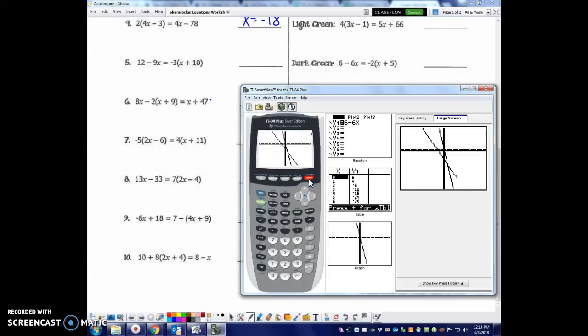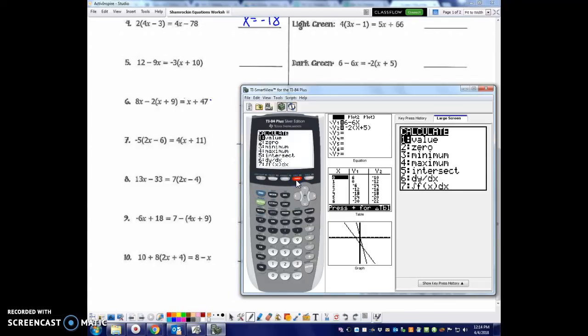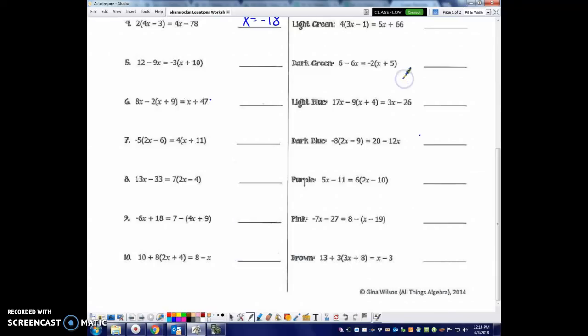We want to see where they're crossing because that's where our answer is. So we do second trace. Why do we pick 5? Because 5 is intersect, and we're looking for where they're crossing. So 5, enter, enter, enter. It says that x is 4. So that's what we put for dark green: x equals 4.